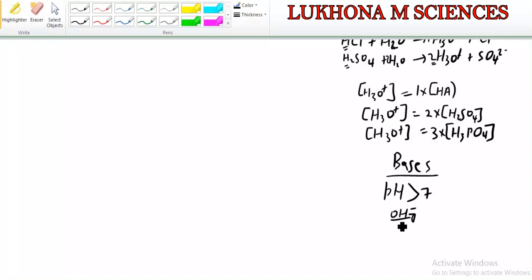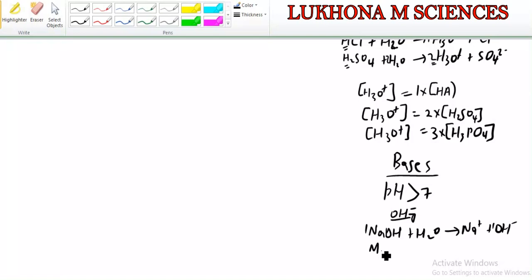If there are 2 OH, you get 2 OH minus, 3 OH, 3 OH minus, and so on. Let's make an example. If we have sodium hydroxide that reacts with H2O, then you get sodium ion plus OH minus. Since you have 1 OH in this base, you get 1 OH minus as a product.